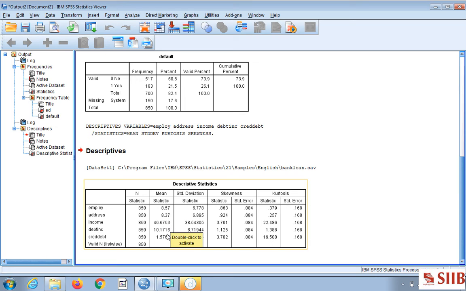Like that for every variable you can read the average and the deviation. What is meant by deviation? To put it in simple terms, the deviation from the average value. That means how much each variable deviates from its average value. Let's say on an average he stays with the current employer 8.5 years with a deviation of 6.7, meaning that it may be plus or minus this, as low and high values.